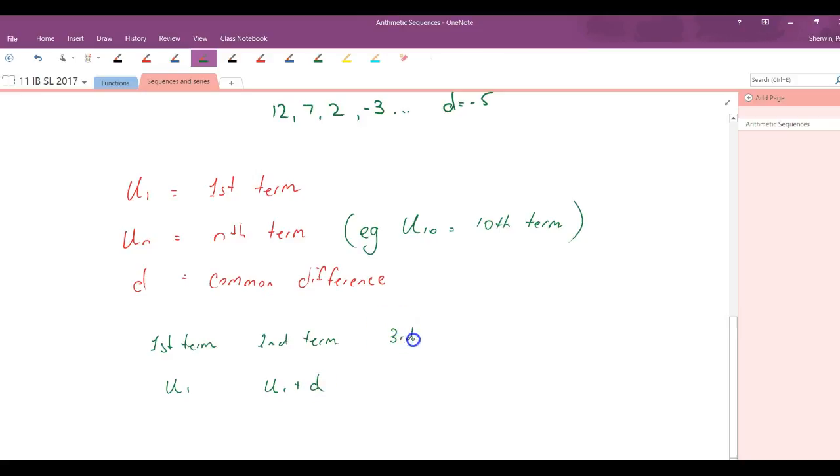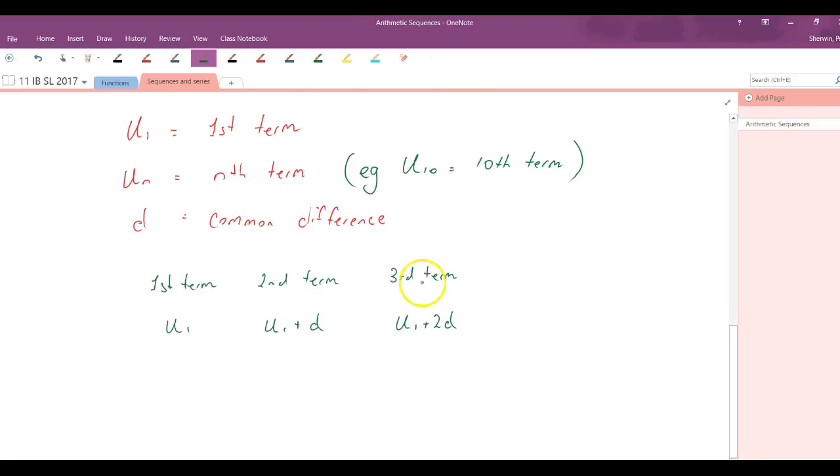So the third term will be U1 plus D plus another D, so that'll be U1 plus 2D. So rather than write third term now, I'm just going to write U4, and that's going to be equal to U1 plus 3D. Keep adding D each time. Just add D plus D plus D to get the next term.